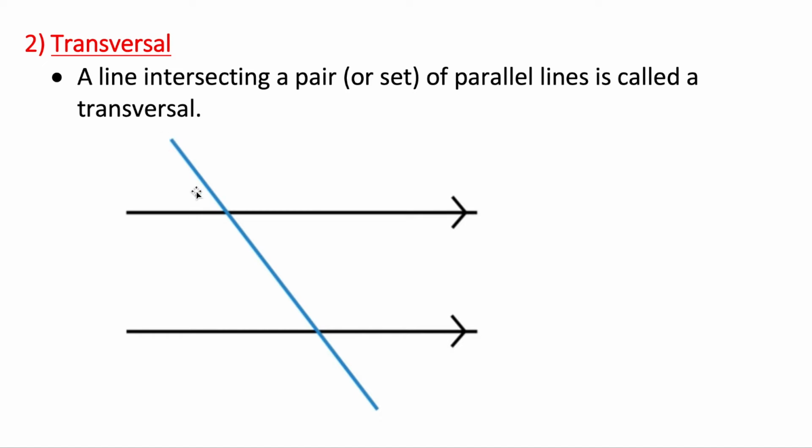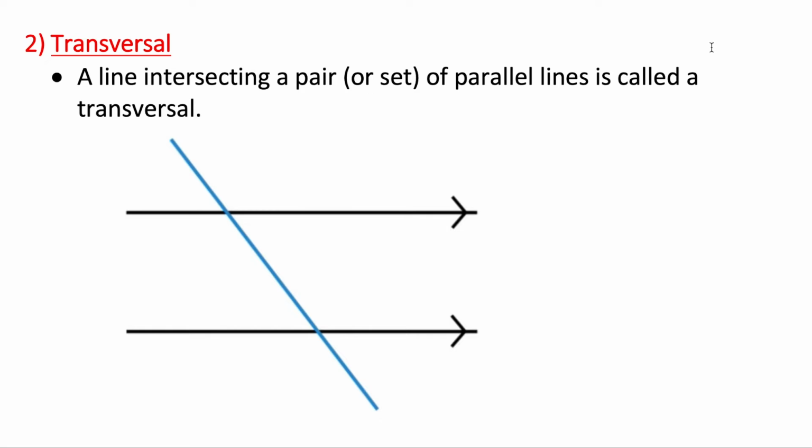Notice that in this case it's intersected at this angle, but it could be more perpendicular, it could be standing back a little bit more or less, it doesn't matter. Any line that is intersecting two parallel lines is going to be called a transversal line. Wonderful.